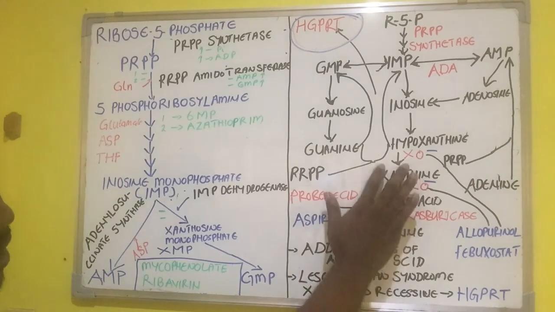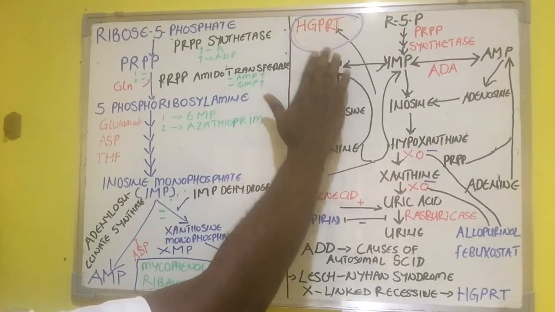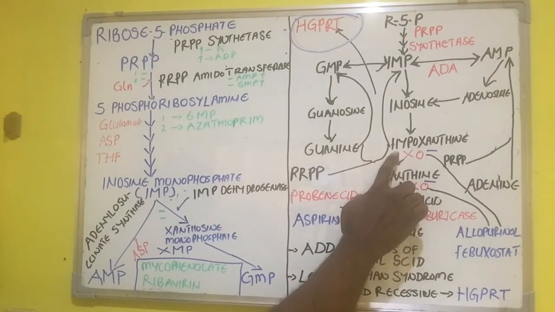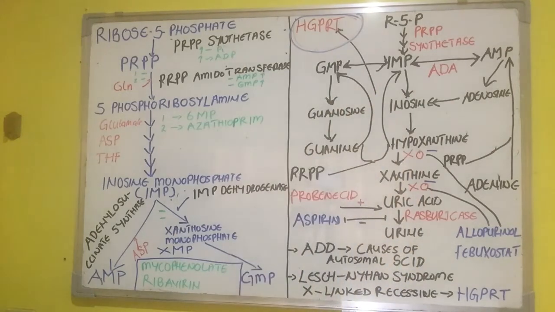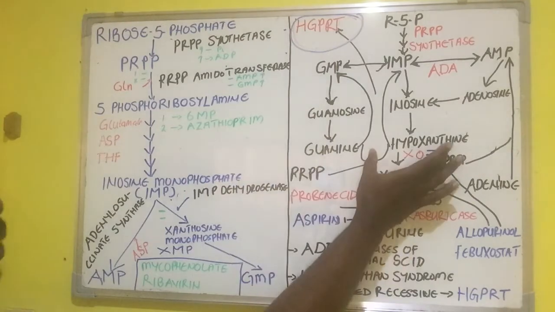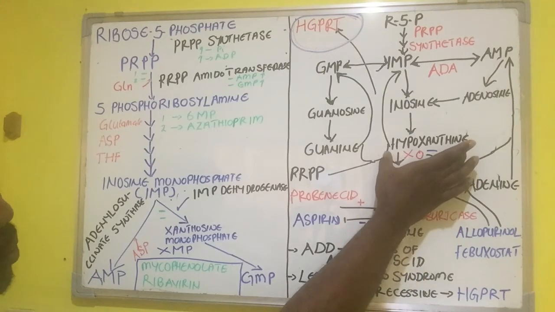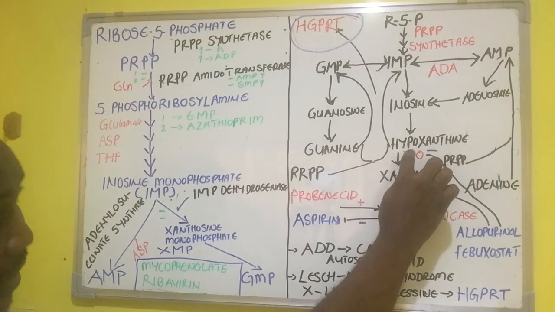Because, as I said earlier, it is this enzyme that converts hypoxanthine to IMP. So if this enzyme is not available, there will be accumulation.